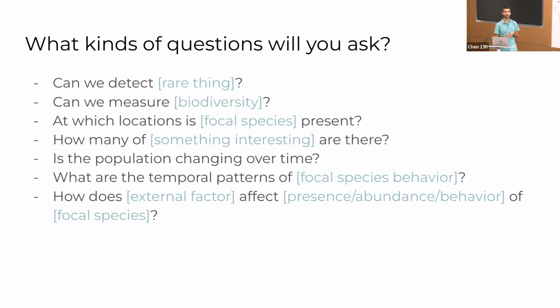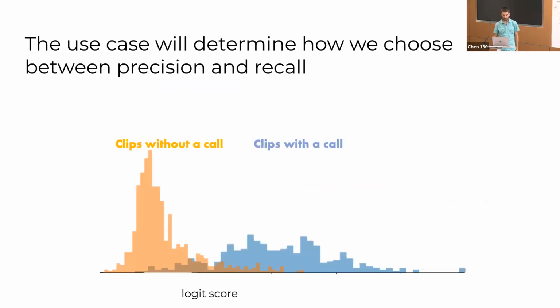But there are also scenarios where low recall is fine, and really what we care about is just detecting something at some point, and we don't necessarily need to detect every single one. So the use case is going to determine where we are on our precision-recall curve, or where we put a threshold, if we're using a threshold to create detections and non-detections.